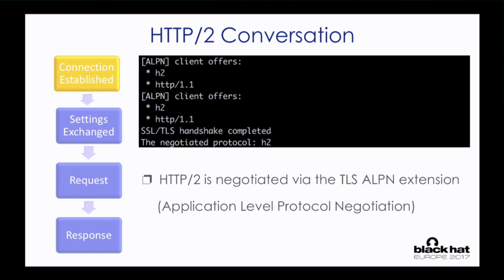If the communication is done over TLS, then in the first stage, when the client sends the first message of the handshake, the client hello, there is a TLS extension called ALPN, the Application Layer Protocol Negotiation, in which the client states that it is willing to communicate either in H2 or in HTTP 1.1. If the server supports H2, that protocol is negotiated, and from that point on, the client and the server continue the conversation in the H2 protocol.